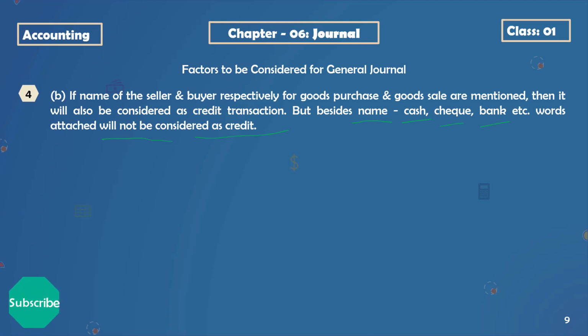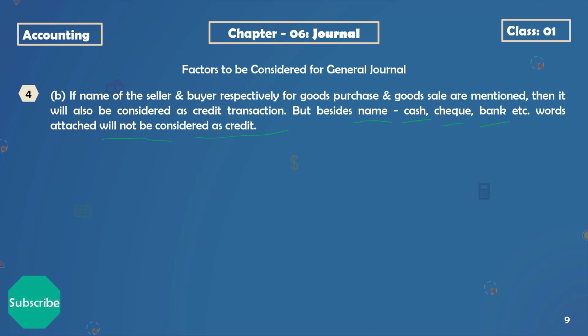Okay, listen carefully again. When the name of the seller and buyer is mentioned in a transaction, then you have to consider that transaction as a credit transaction.